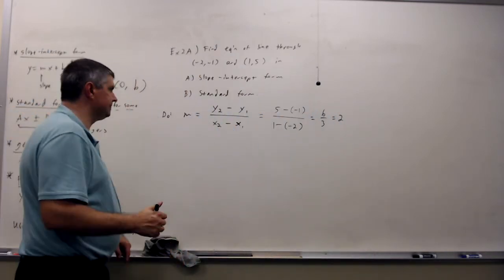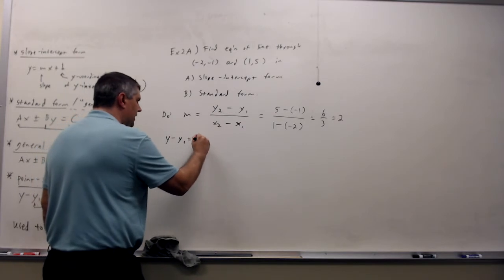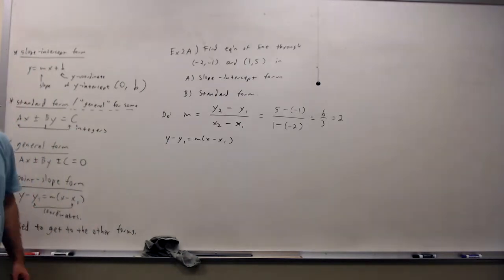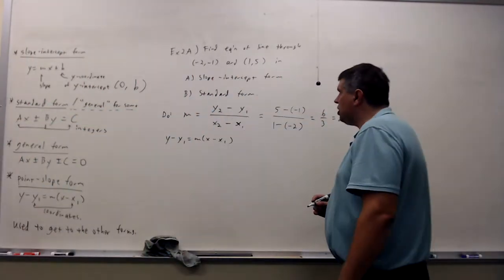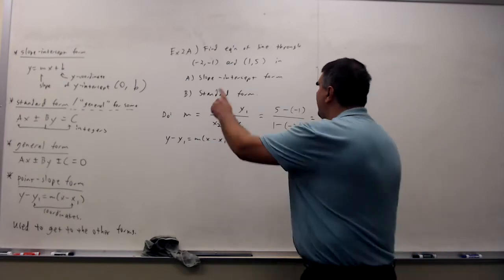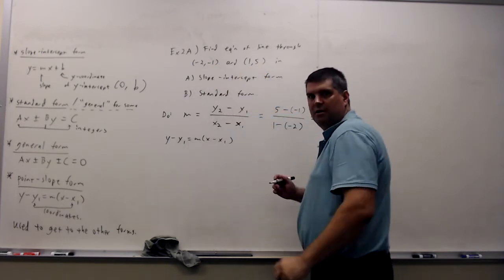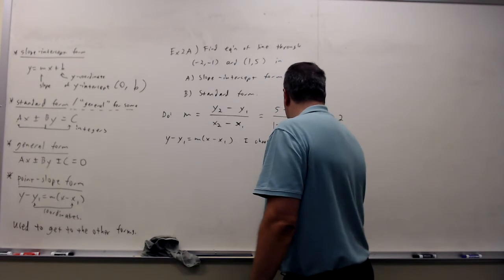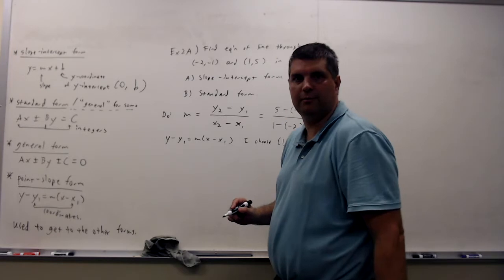So, if I do y minus y sub 1 equals m times x minus x sub 1, you have to pick one point or the other. You can't mix and match. You've got to pick one point or you use the other point. I choose this one because I'd rather deal with 2 positives than 2 negatives. I choose to use (1, 5).